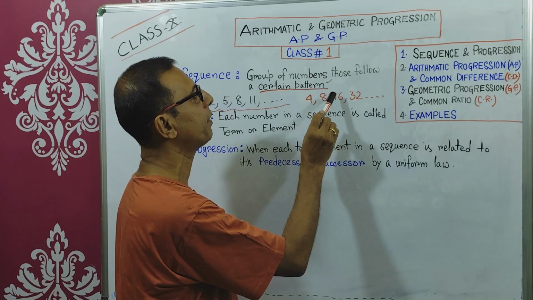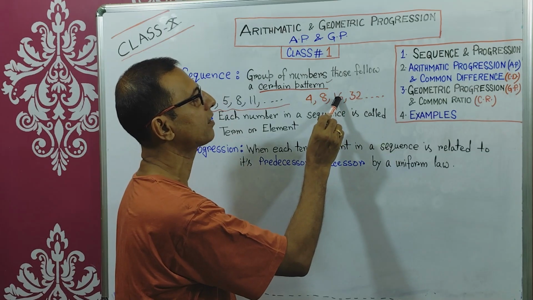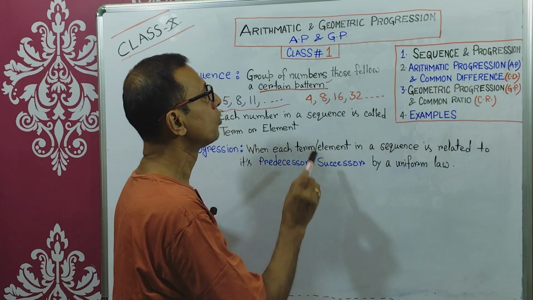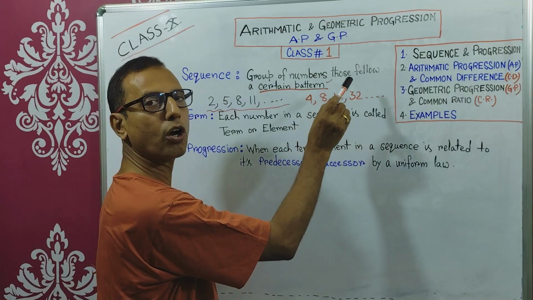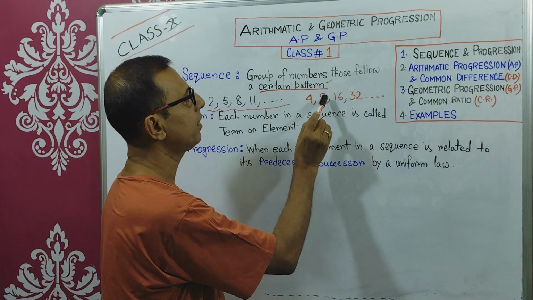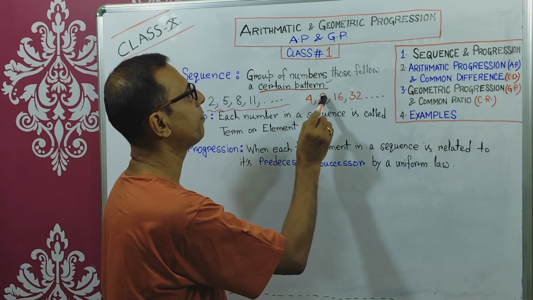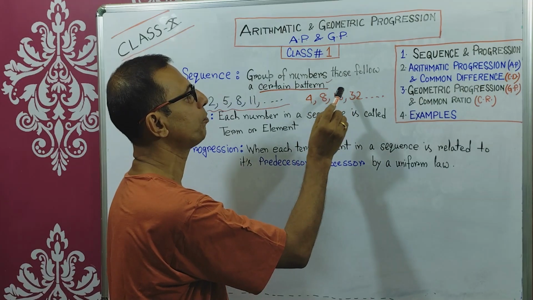The ratio between the third and second term, 16 by 8, is 2. The ratio between the fourth and third term, 32 by 16, is 2. So here the difference is not common, but the ratio between a number and its predecessor is 2.